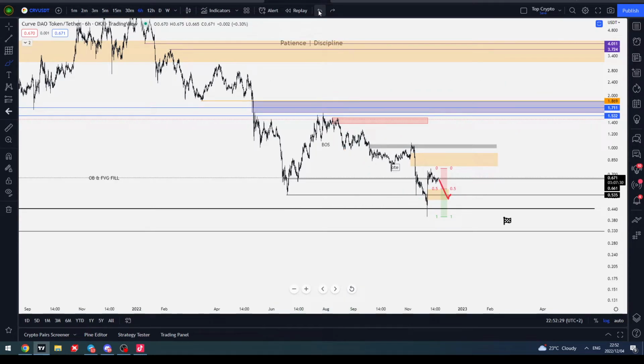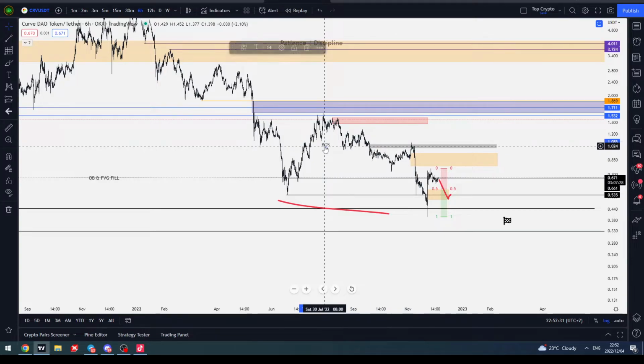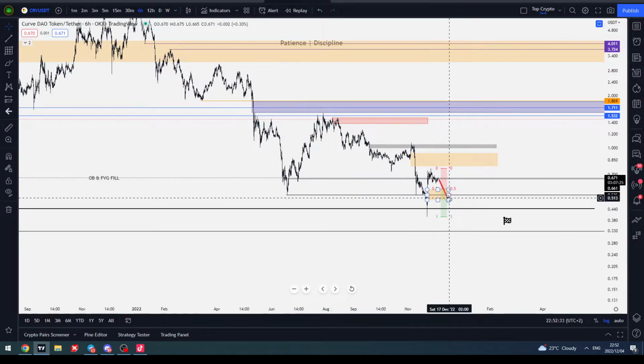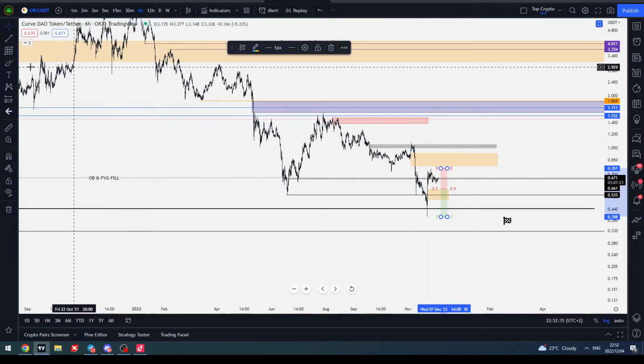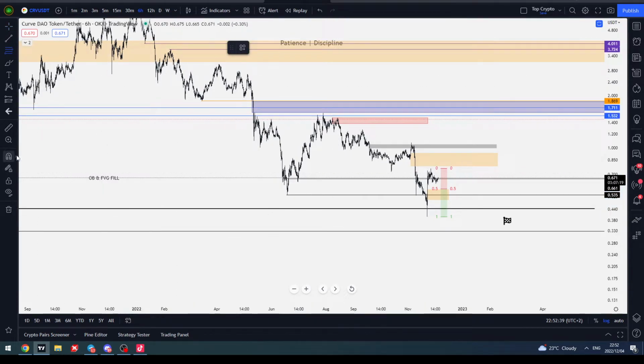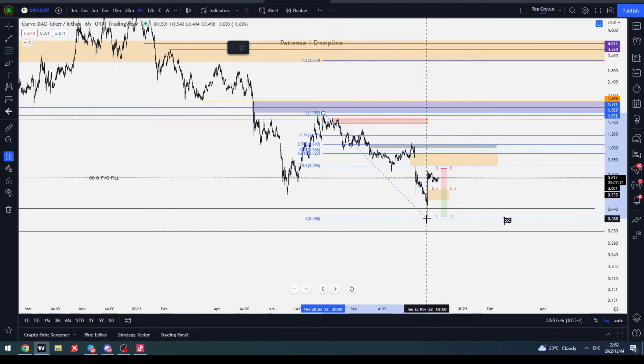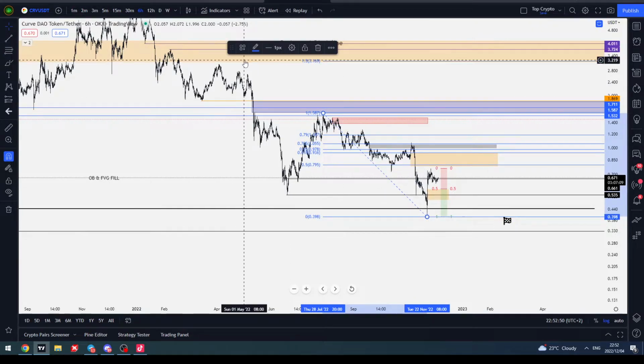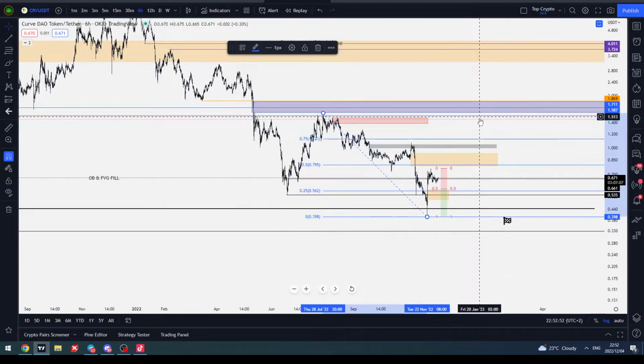If we had to grade it, like I mentioned at the beginning of the stream, then let's just look at this now. So we take a fib retracement from the top to the bottom, here, there, and use a grading fib.